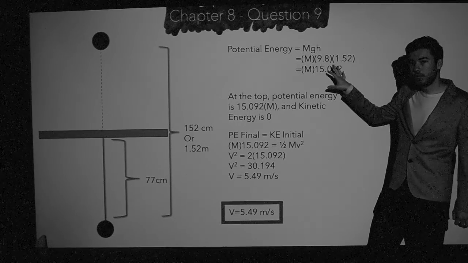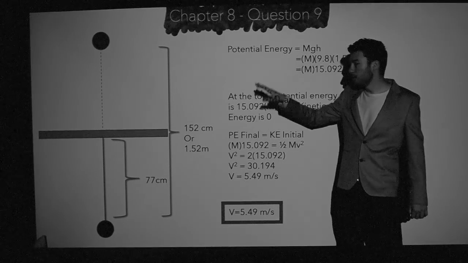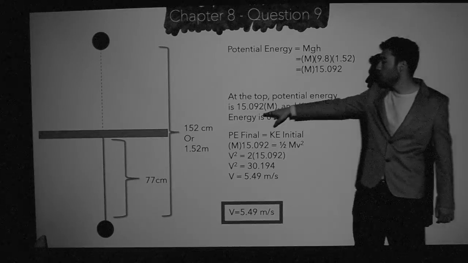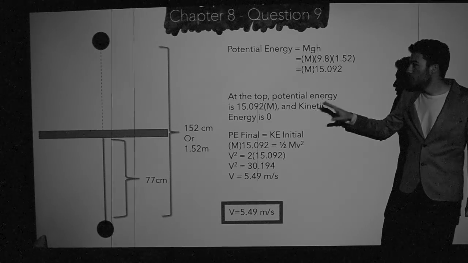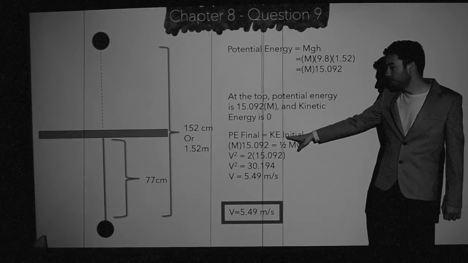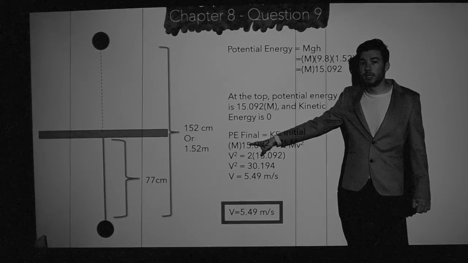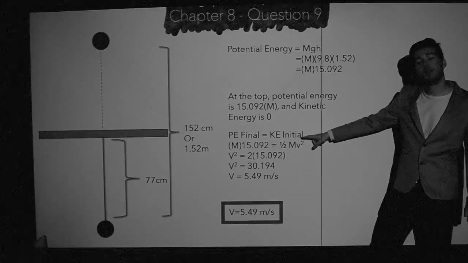Now, we're going to move on to the next step. At the top of the full rotation, the potential energy is what we just found, and the kinetic energy is going to be 0. So our final potential energy is going to equal our initial kinetic energy.